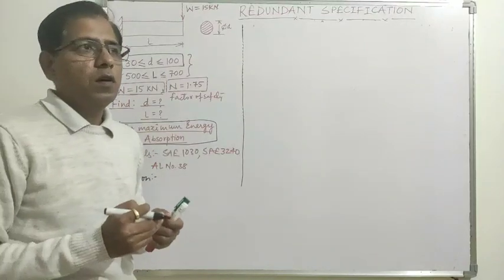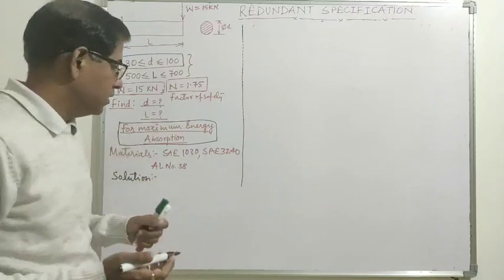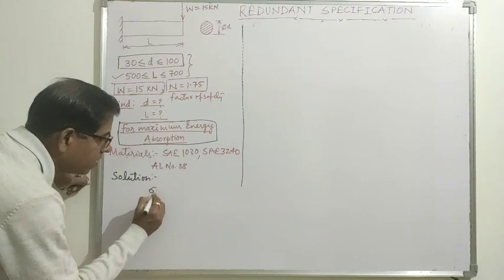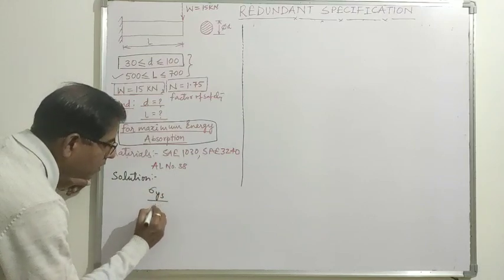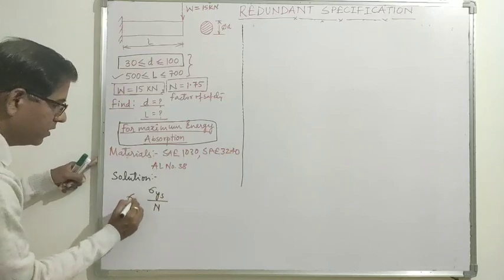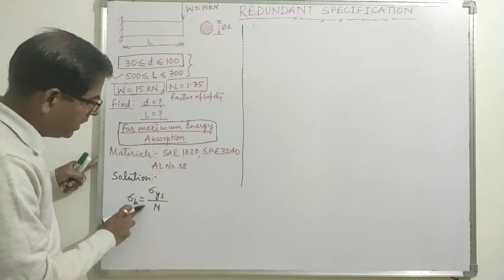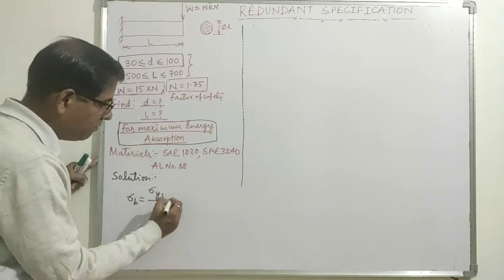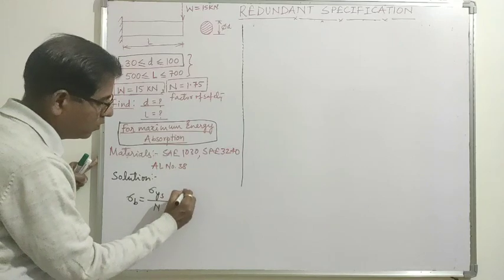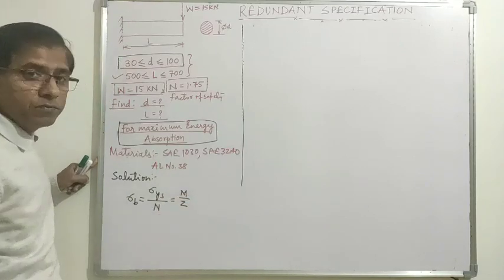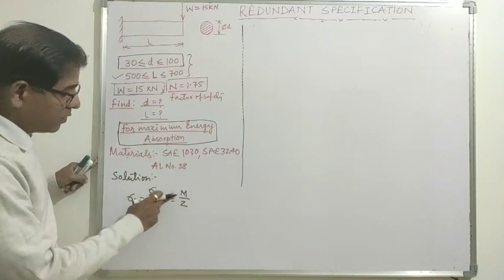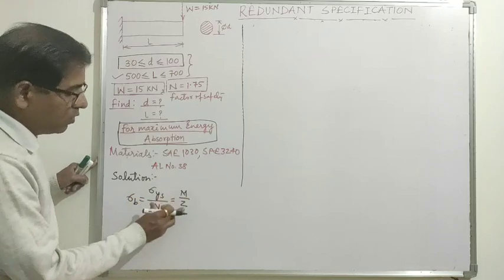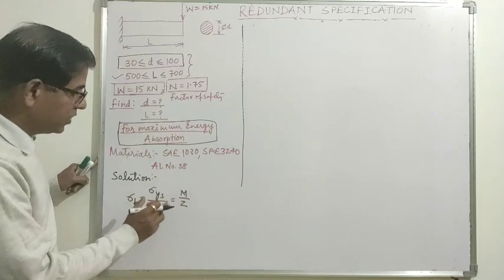Now we try to develop a relation here. We know that sigma b should be less than or equal to sigma ys upon n. Similarly, we know that sigma b is equal to M by Z. So bending stress is equal to M by Z, and bending stress should be less than or equal to sigma ys by n. So we equate with each other.